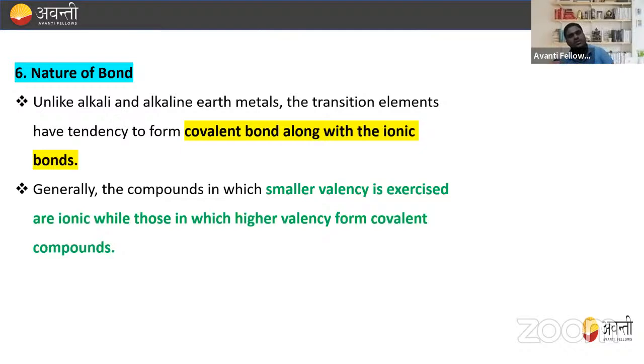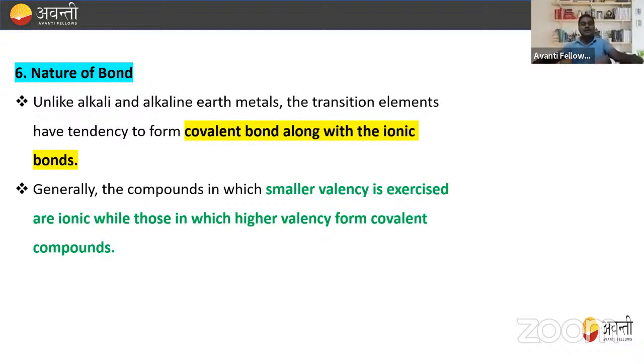Now, the next is nature of bond, right? Unlike alkali and alkaline earth metals, the transition elements have a tendency to form covalent bonds along with ionic bonds. This point is very, very important. They have the capability of forming both bonds, covalent as well as ionic.